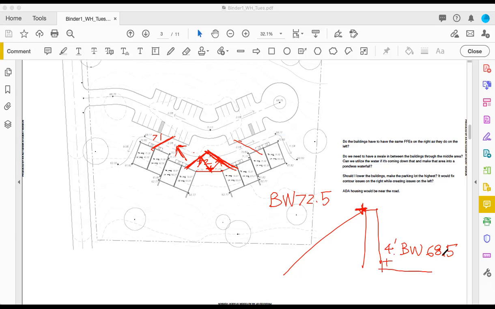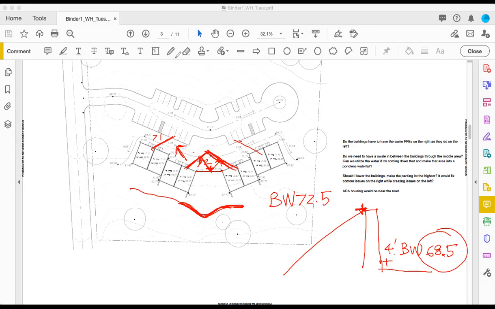So you need to decide, once you have all these contours, which ones need to be moved and which ones do not need to be moved. Then you can get a sense of the slope that you created from the 68.5 to the contours that remained in place. It's not immediately obvious what the contours in the middle look like.